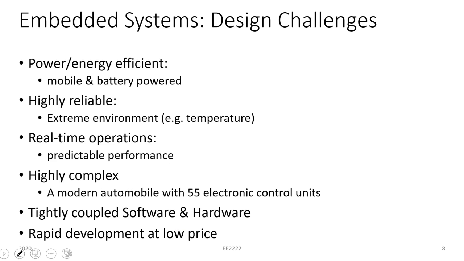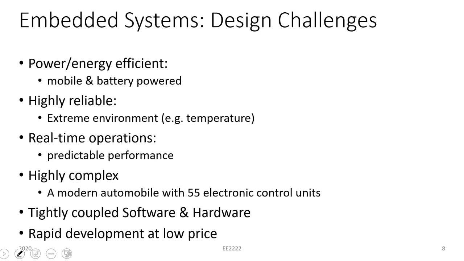Some of the main reasons why we would go with a system on a chip approach when building embedded systems is that many embedded systems would have limitations in terms of power consumption. They may be mobile devices, battery powered devices, and SoCs are power efficient in many cases. We need highly reliable devices.